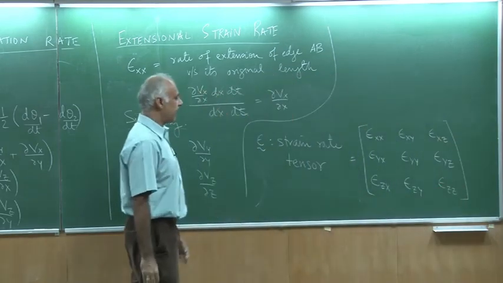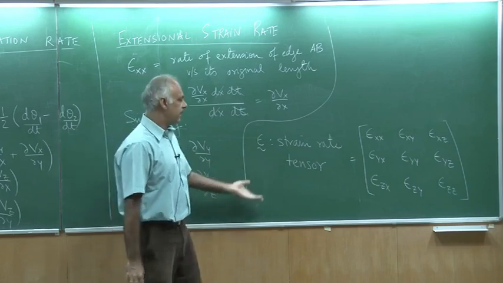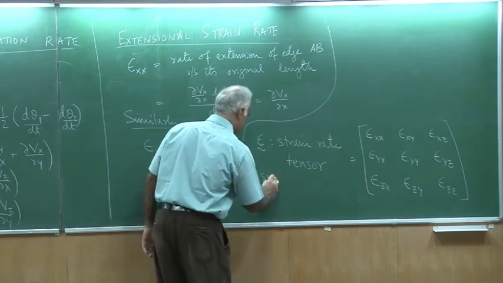This is known as the strain rate tensor. 9 components, but it is symmetric.